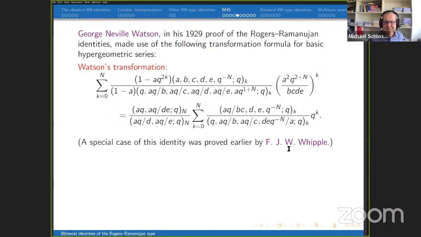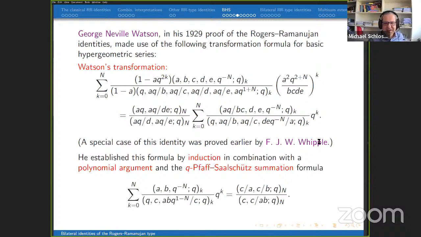It's a finite identity, so you can do it termwise. You get the so-called Whipple transformation, which relates a 7F6 series to a 4F3 series. This is a basic hypergeometric transformation and can be proved by using the q-Pfaff-Saalschütz summation and a polynomial argument.